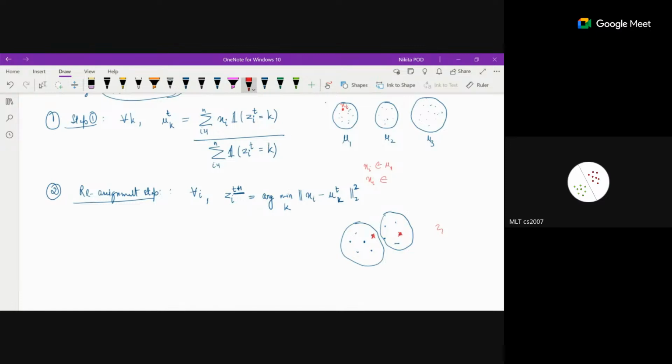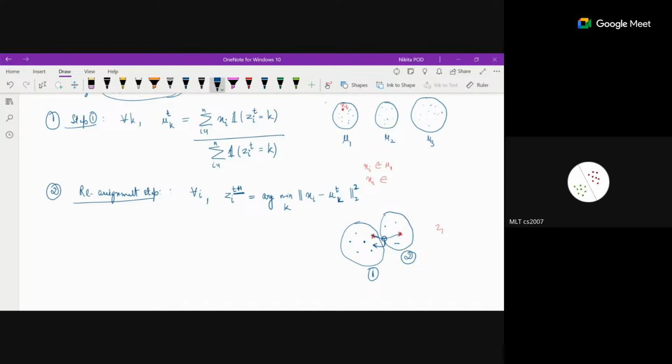Now if we look at all these data points, we can see that for this data point, the distance from the mean of cluster 1 is lesser as compared to the mean of the second cluster, right? So this data point would want to go to cluster 1 in the next round.